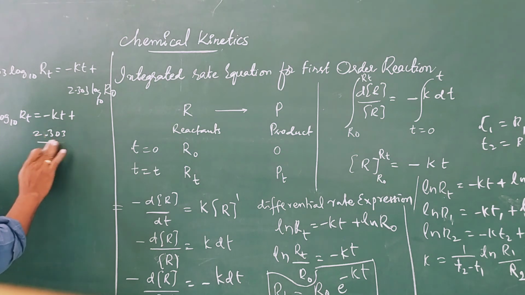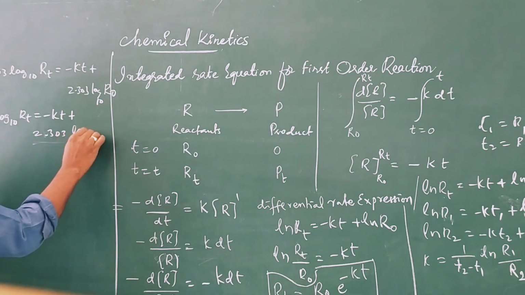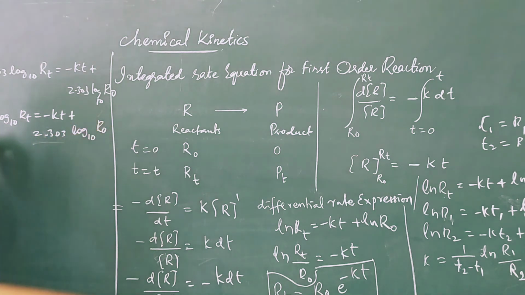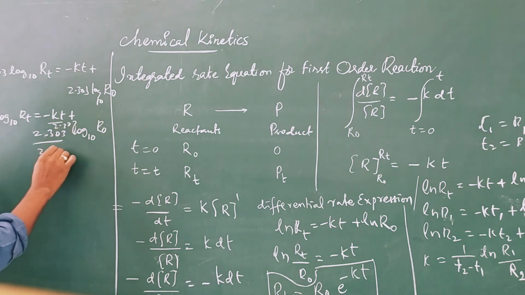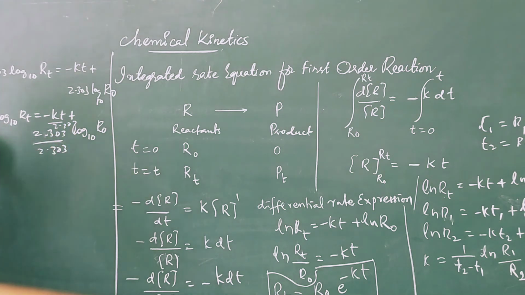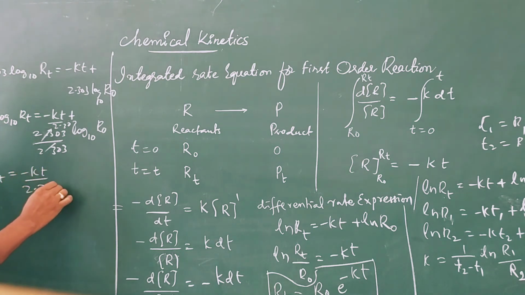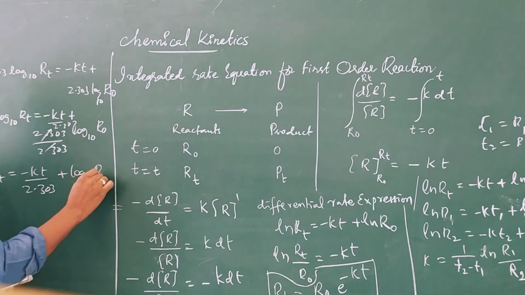Dividing by 2.303 and cancelling, you'll get the equation log base 10 RT equal to minus KT upon 2.303 plus log base 10 R0.